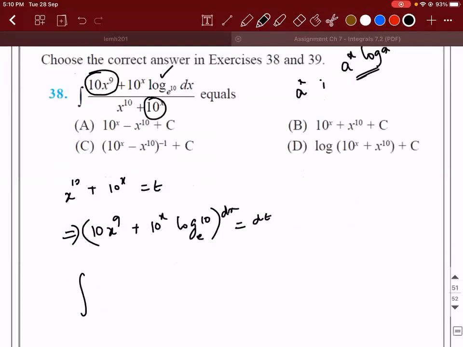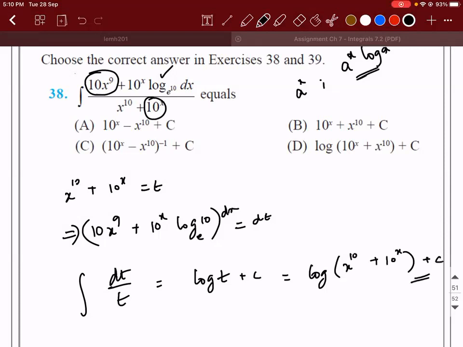What will be the answer? Integral of dt divided by t. Right.